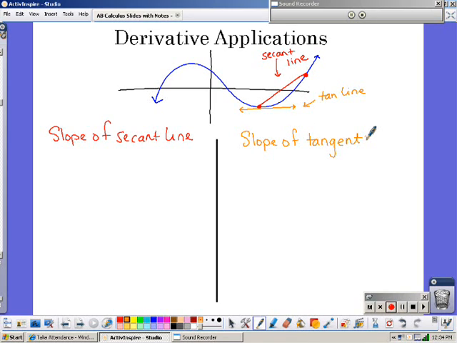Now there are some calculus buzzwords that refer to each of these, and so we want to be familiar with those. If somebody's talking with you about the slope of the secant line, then words that they might use include finding the average rate of change. In contrast, if somebody's talking to you about the slope of the tangent line, then they might use the phrase instantaneous rate of change.